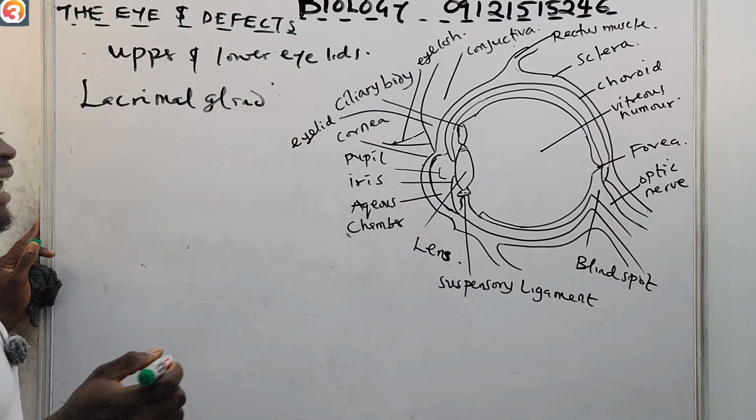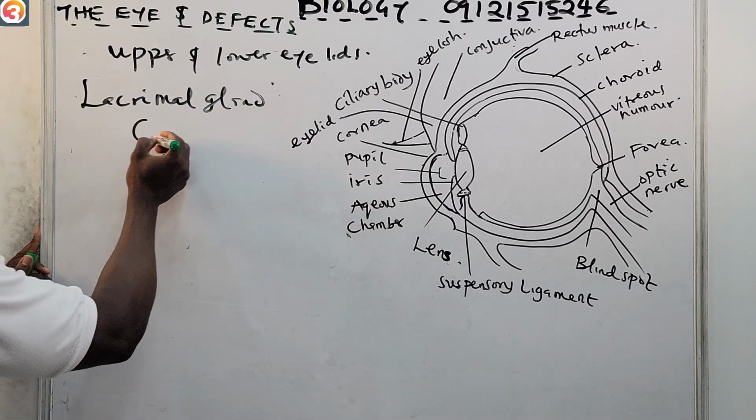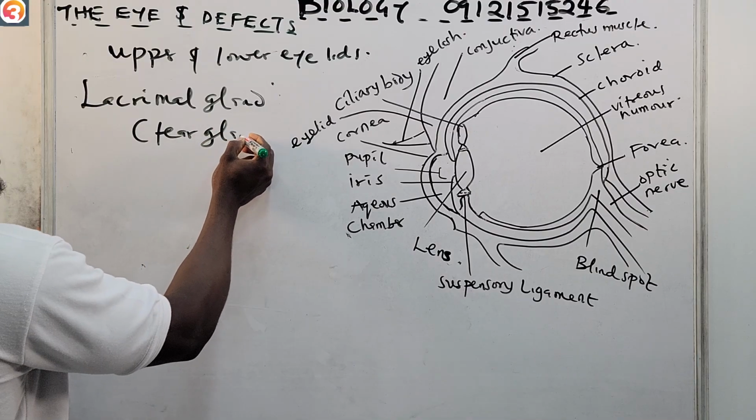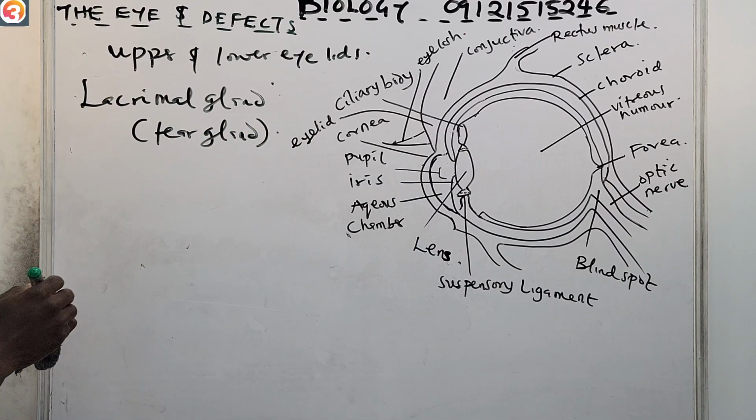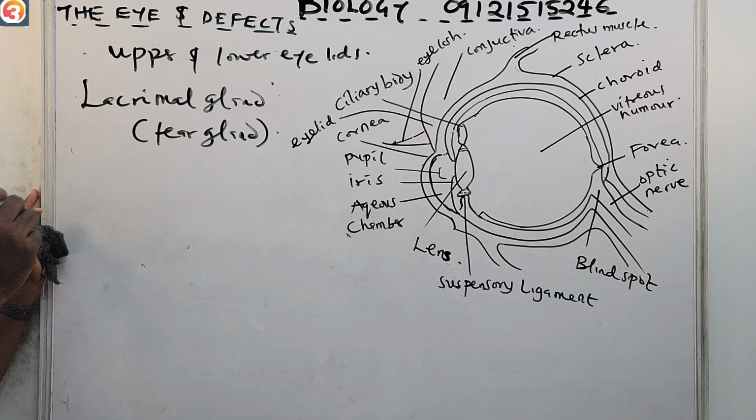This lacrimal gland is also called the tear gland. You know your tears when you cry. It is found in the upper eyelid, above each eye.